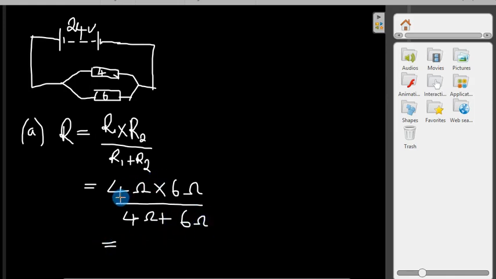Okay, so 4 by 6, that gives us 24, over 4 plus 6, which gives us 10. In fact you should know this is ohm by ohm, which is ohm squared, then ohm plus ohm, that is ohm, but that one is well taken care of. So 10 into this one, we get 2.4.